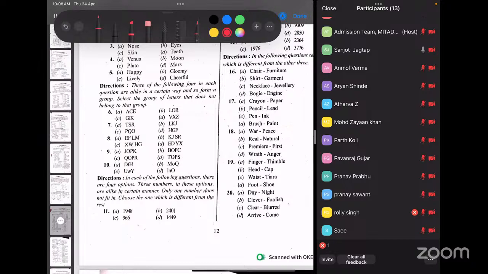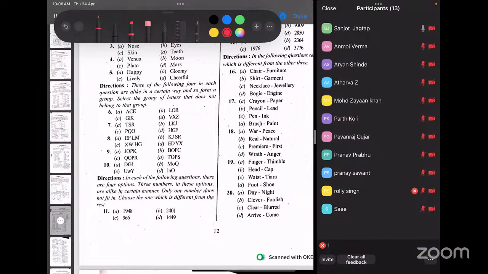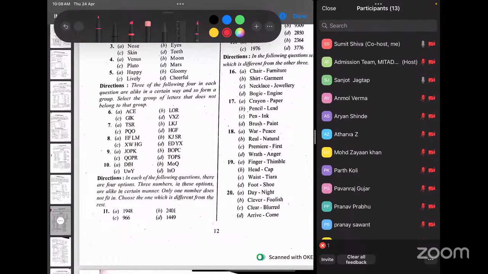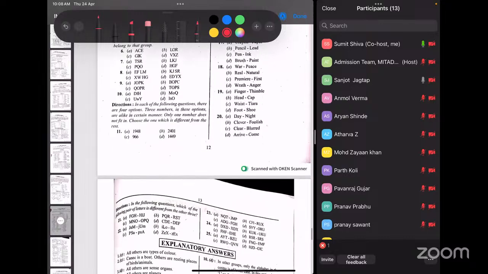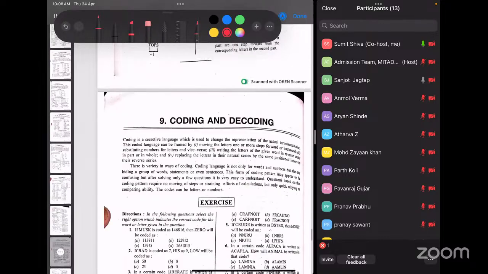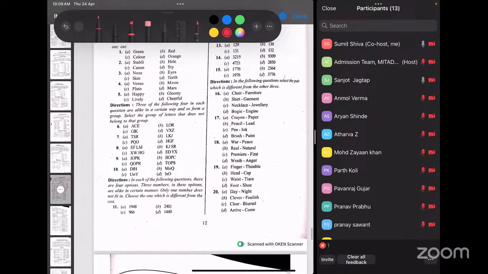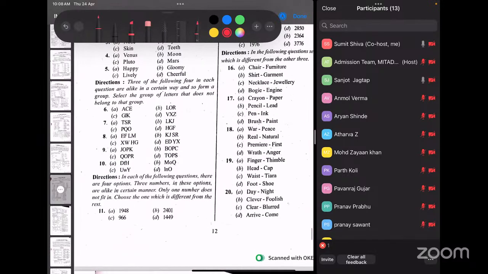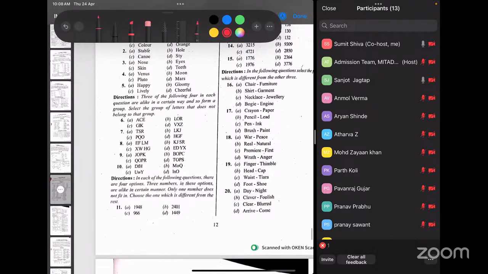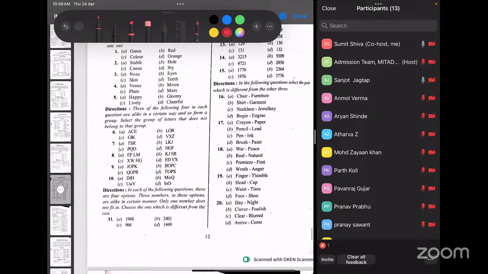10th. What will be the answer for 10th? D, small f, H. Option D, sir.